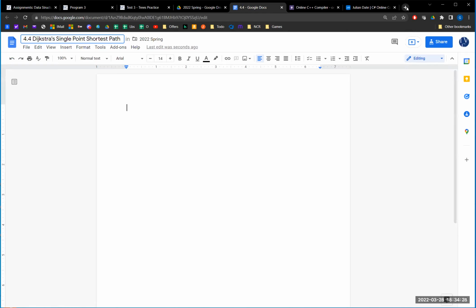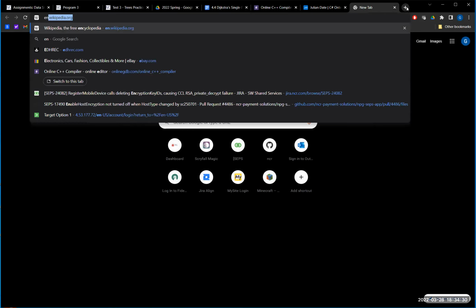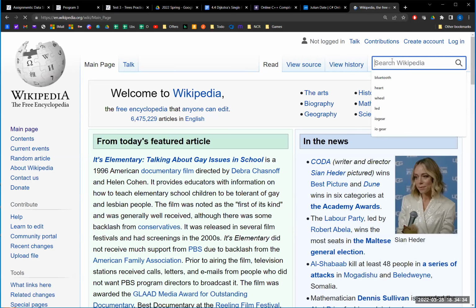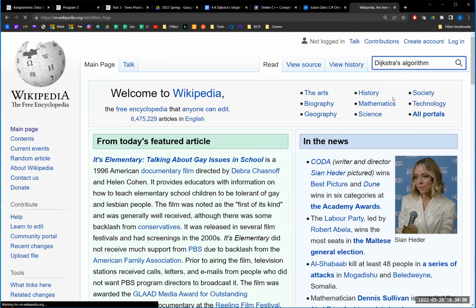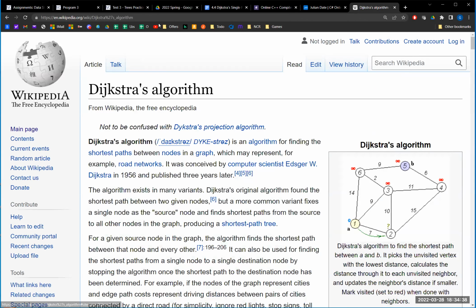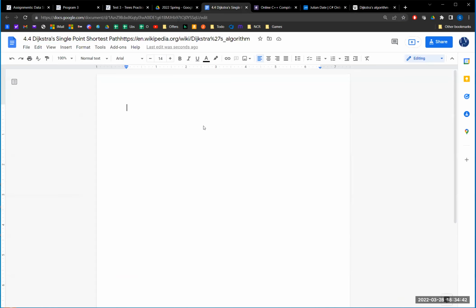What I'm doing here is for weighted graphs with non-negative weights. That's our objective here.